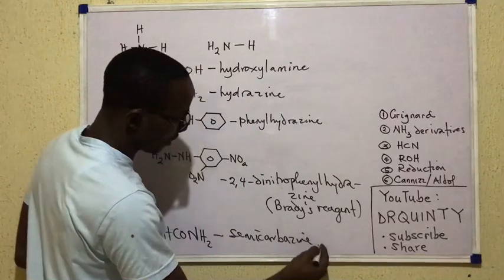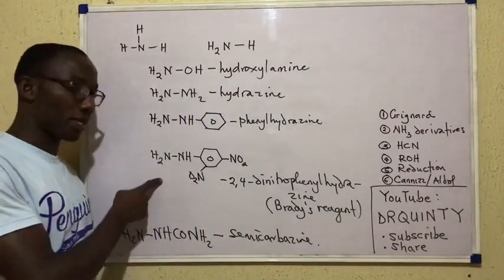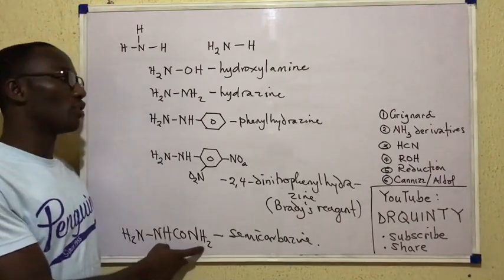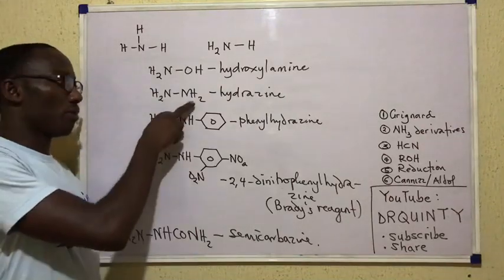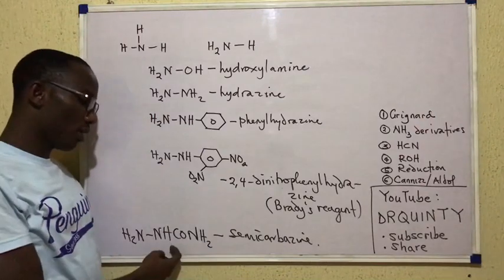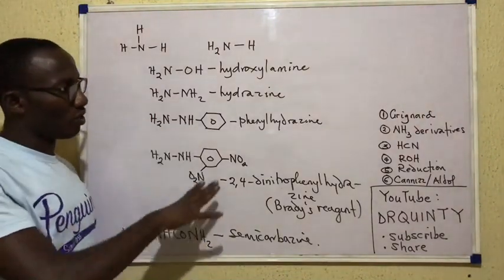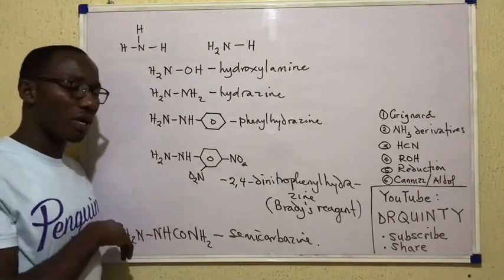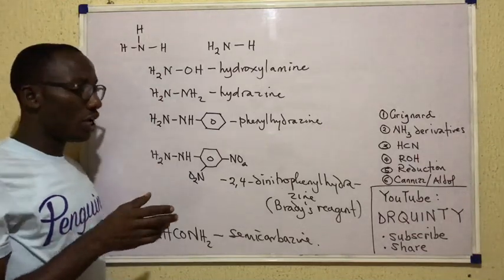So semicarbazine is H2N, just like the others, NH, and then the rest is CONH2. So it appears to have come from hydrazine by replacement of one of the hydrogens on this side of hydrazine with CONH2.